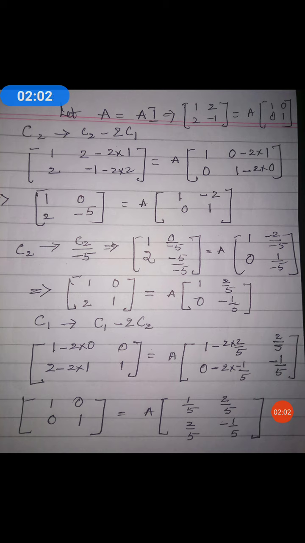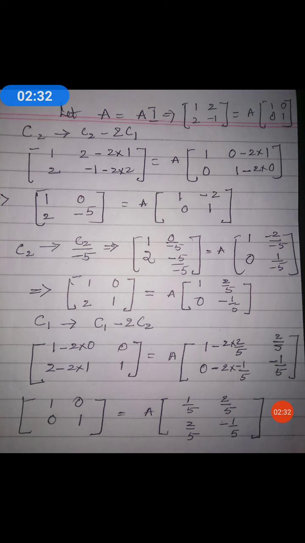We are bringing change only in column 2: 0 minus 2 into 1, then 1 minus 2 into 0. Simplifying, on the left hand side we get [1 0; 2 -5] equal to A into [1 -2; 0 1].